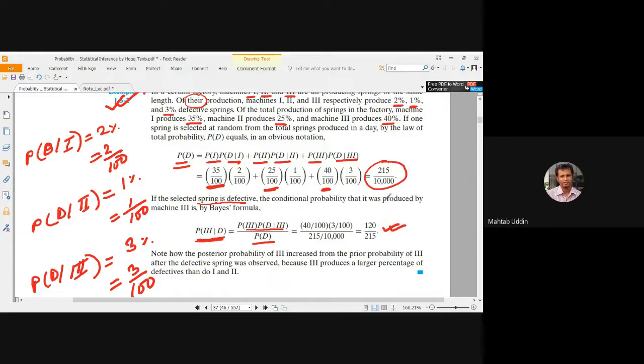But can you tell me why we are targeting the third machine at the very first stage? Sorry, sir. Can you repeat? Why are we taking the third machine directly? Any idea?